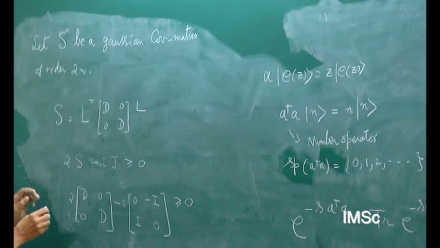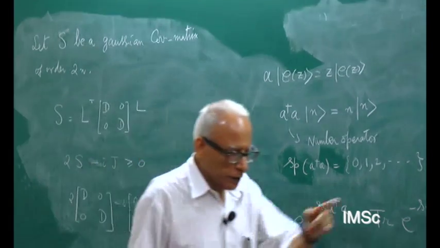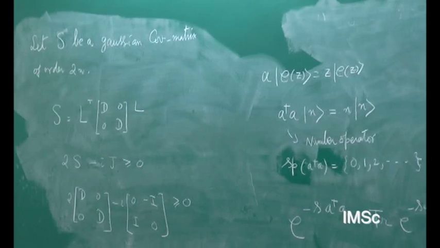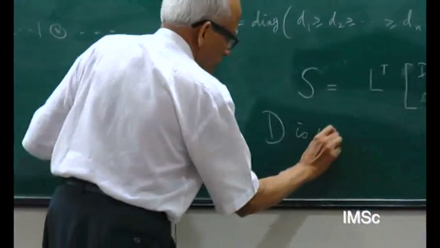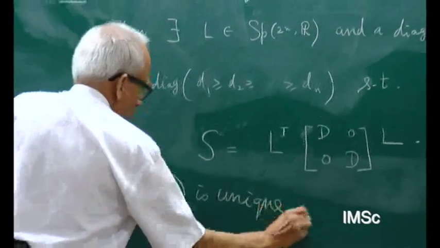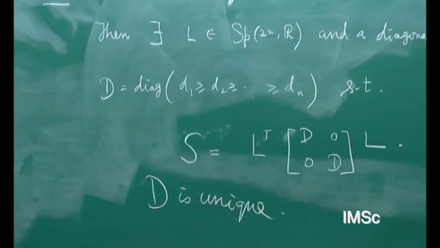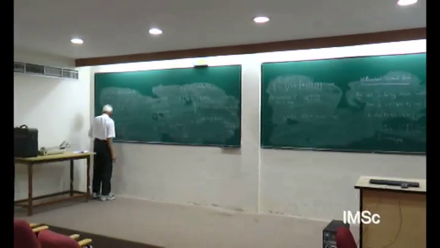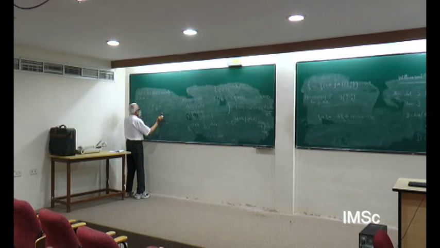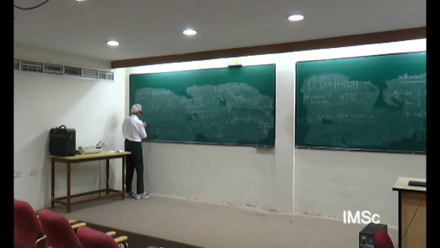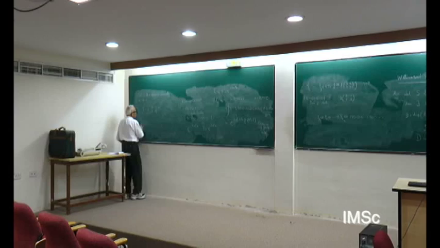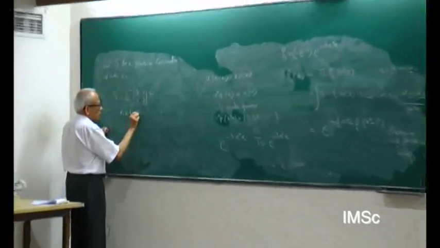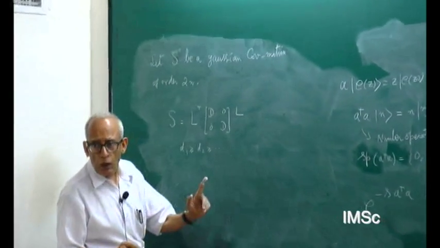So, by the way, in that theorem I have to mention that D is unique with that structure. D is unique. L can be different. So you choose the Williamson form with D1 greater than or equal to D2, etc., all greater than or equal to half.